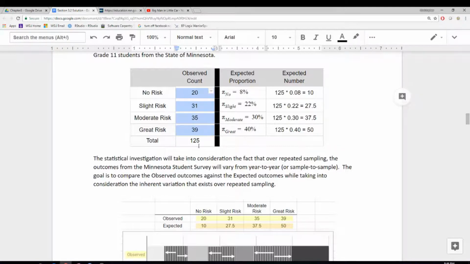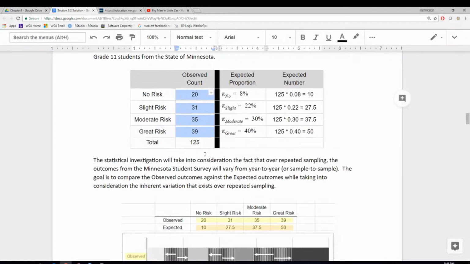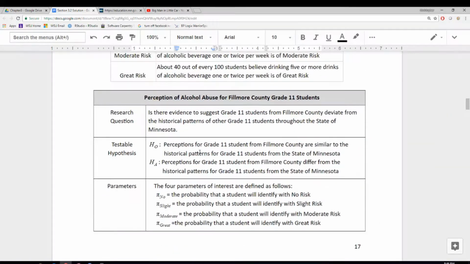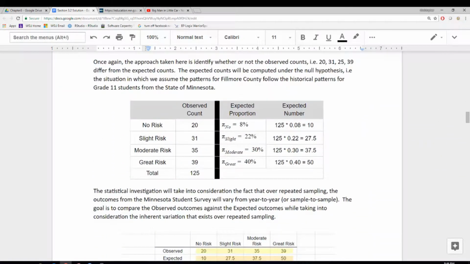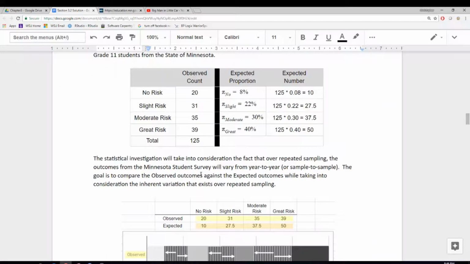But my statement here, the research question, is asking not about just students from this particular year, but it's asking about grade 11 students from Fillmore County. So the scope of inference here is grade 11 students from Fillmore County. Now I just happened to gather information on 125 students in order to conduct this analysis.